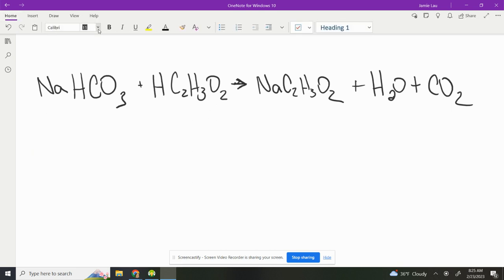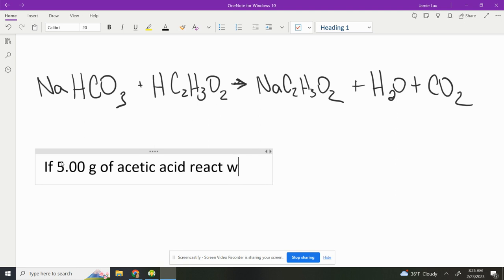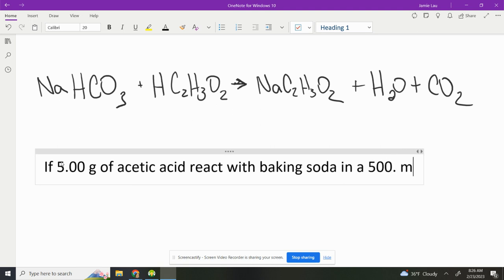All right, so here's my question for you. If 5 grams of acetic acid react with baking soda in a 500 ml container at 27 degrees Celsius, what pressure is added to the container?